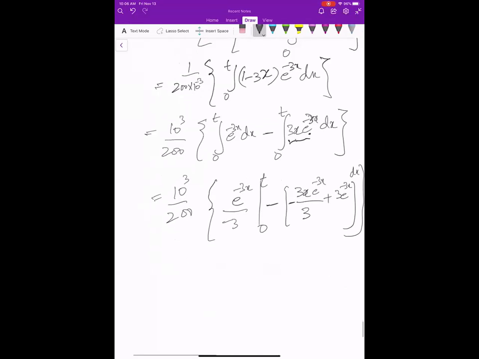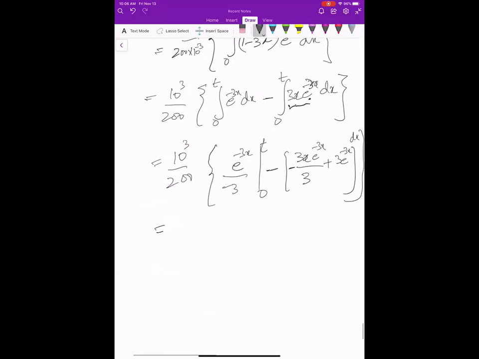If you solve this, 5,000 by 200 is 5. So this should become e to the minus 3t minus e to the power 0, which is 1, something like that.